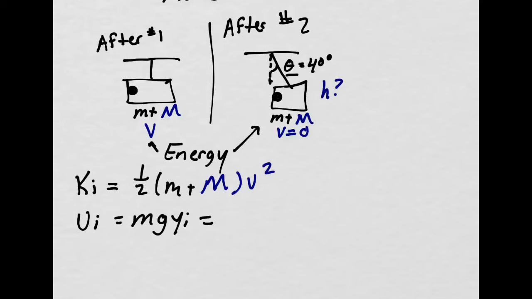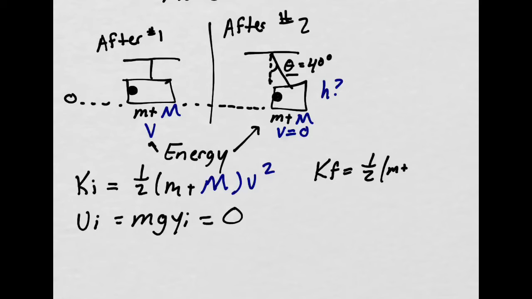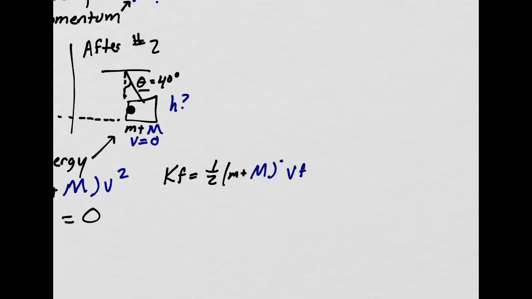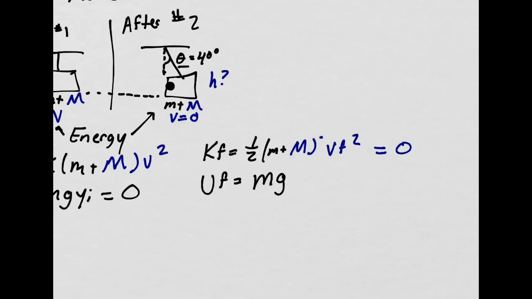That's 0, because we're going to say that this is our baseline. K final is 1/2 m plus M v final squared. That's 0. And U final is equal to mgy final.